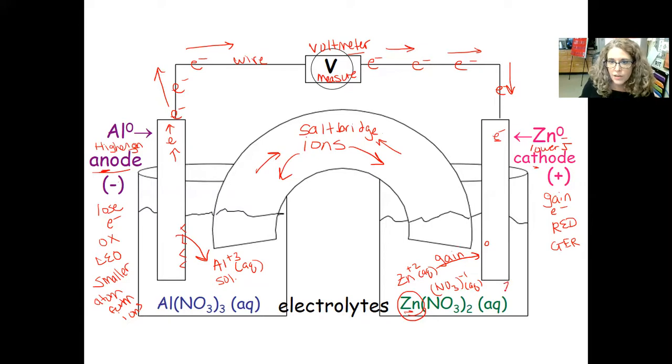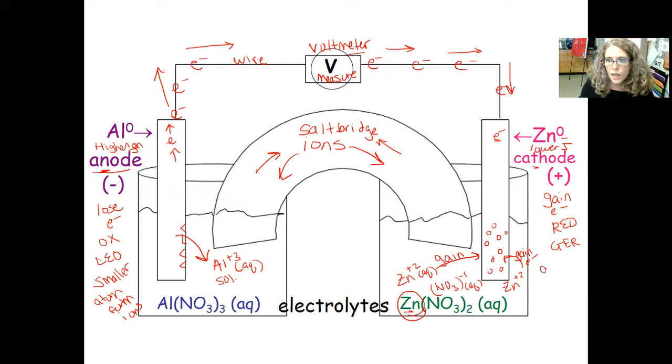So if another zinc ion from the zinc nitrate solution gains some electrons, I'll just write gain electrons here. It starts to build up, right? And so now zinc metal is going to start building up on top of this electrode. So over there we lose electrons and it gets smaller.